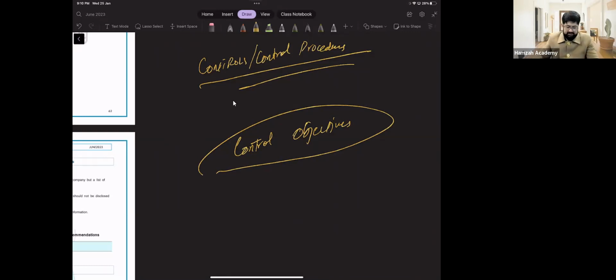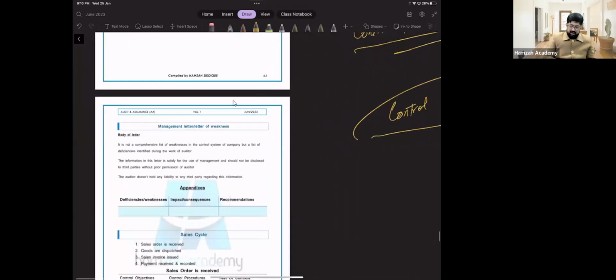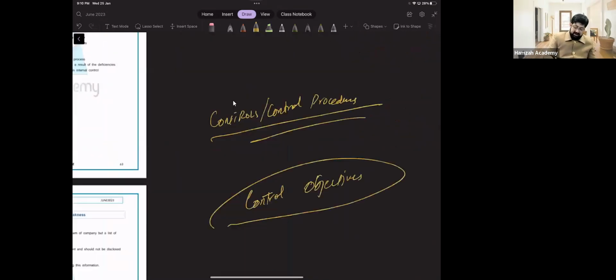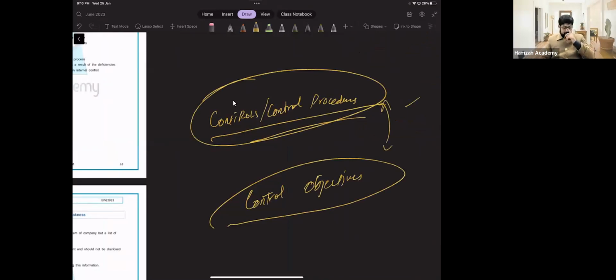I have told you the difference and linkage between the two. Can anyone tell me whether control objectives are important or procedures?